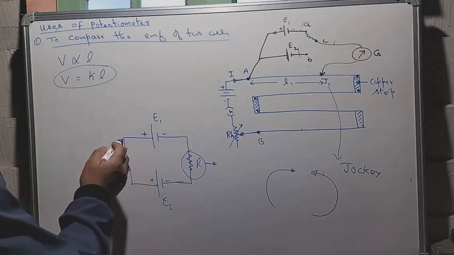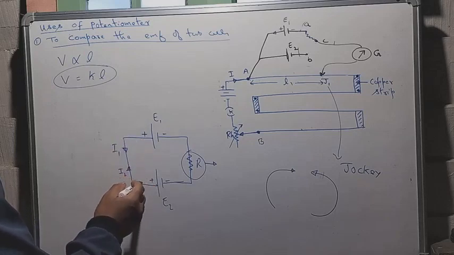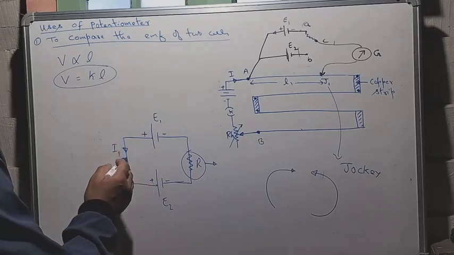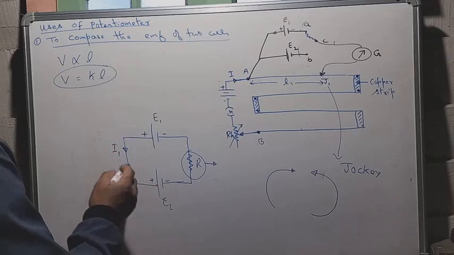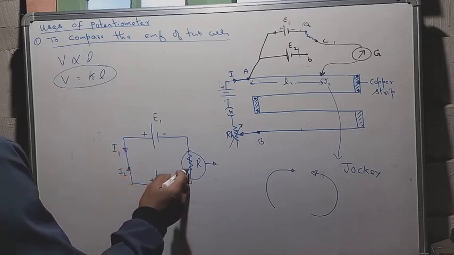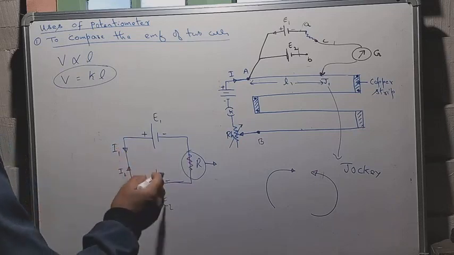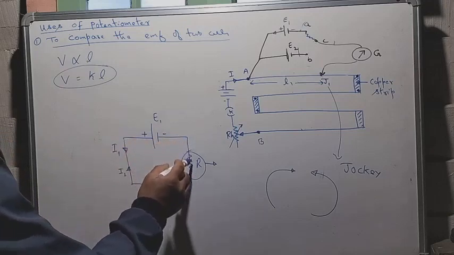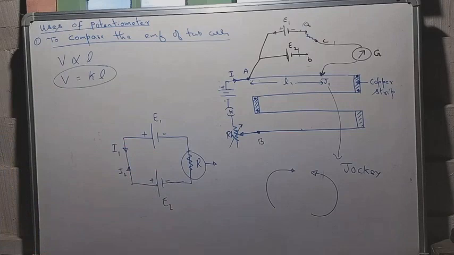If this current I1 is stronger than current I2, then I1 will dominate I2, which means current I1 will flow through the resistance. Similarly, if current I2 is stronger than I1, then I2 will flow through the external resistance, capital R. So whichever current is greater, that current will always flow through the circuit.